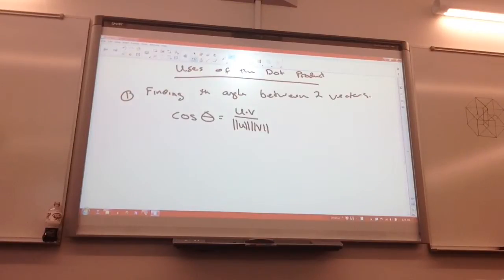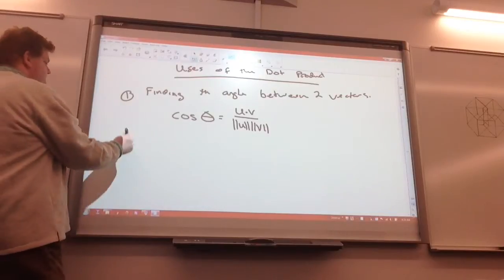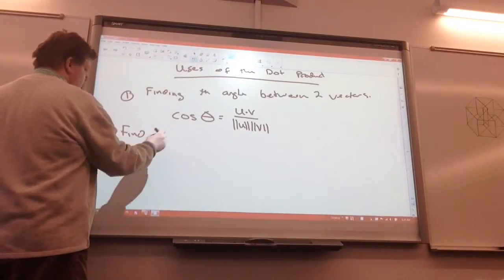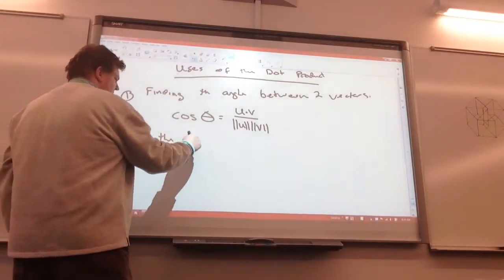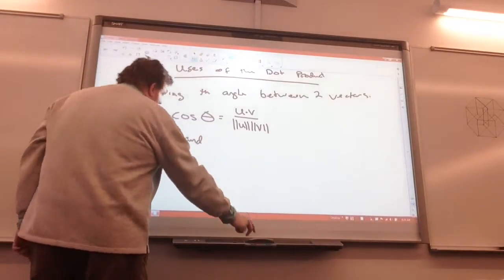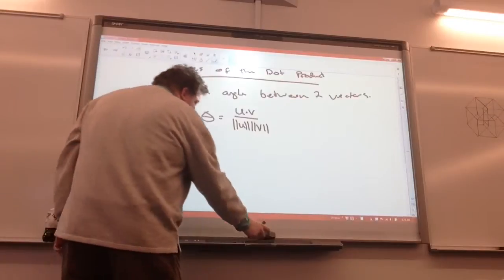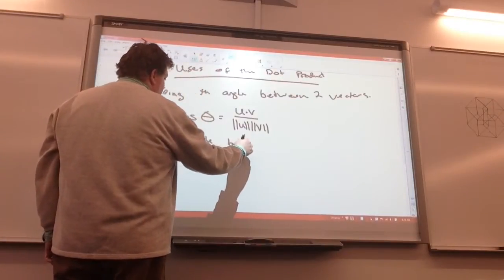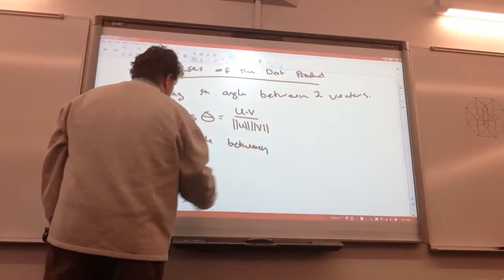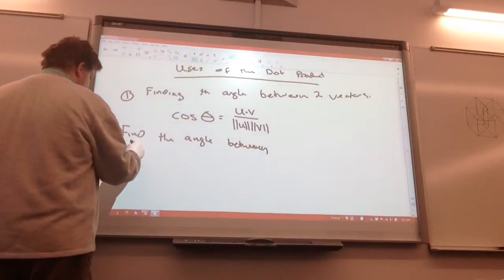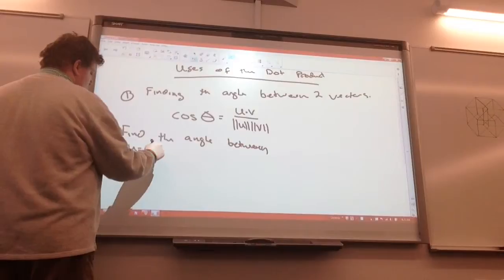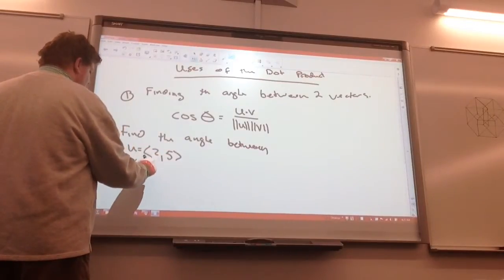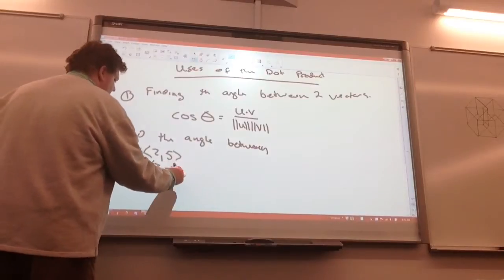So let's find the angle between vectors u = (2, 5) and v = (3, -1).